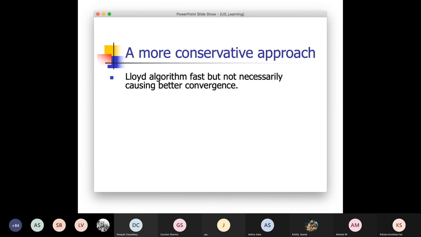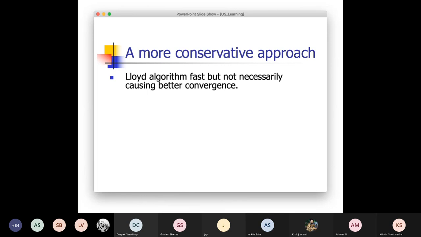A conservative approach would be, as Gautam, you answered, that you take one data point and then update. Actually, there is also an approach for that. You choose the best data point which will have the maximum minimization of the sum of squared error, and it will be changing of the cluster.